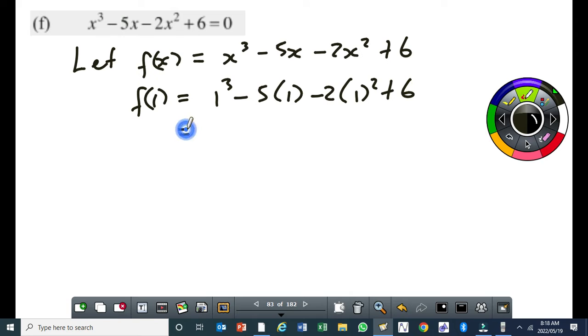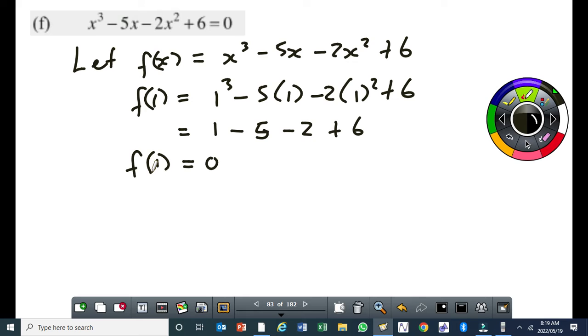Okay, so if I simplify this, I'll get 1 minus 5, and then minus 2 plus 6. And if I simplify, I'll get minus 4 minus 2, that will give me minus 6 plus 6, I'll get 0. Okay, so for this case here, it's going to be very easy.